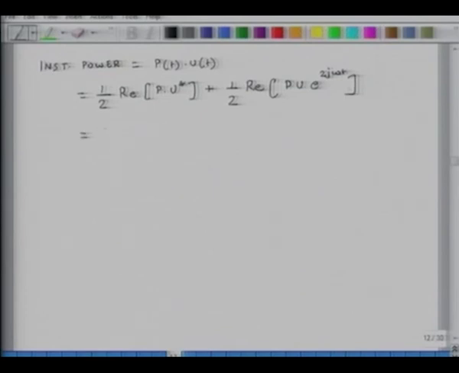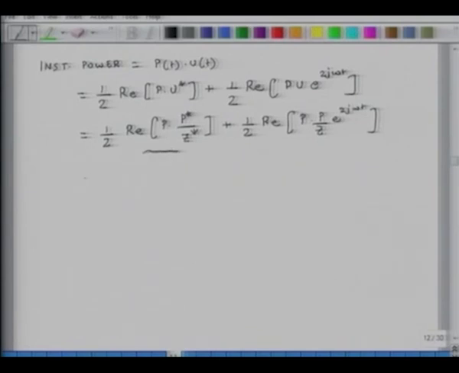And then U star is essentially the complex conjugate of pressure over the complex conjugate of Z, that is Z star, plus half the real part of P, and then again U is P over Z, times e^(2jωt).